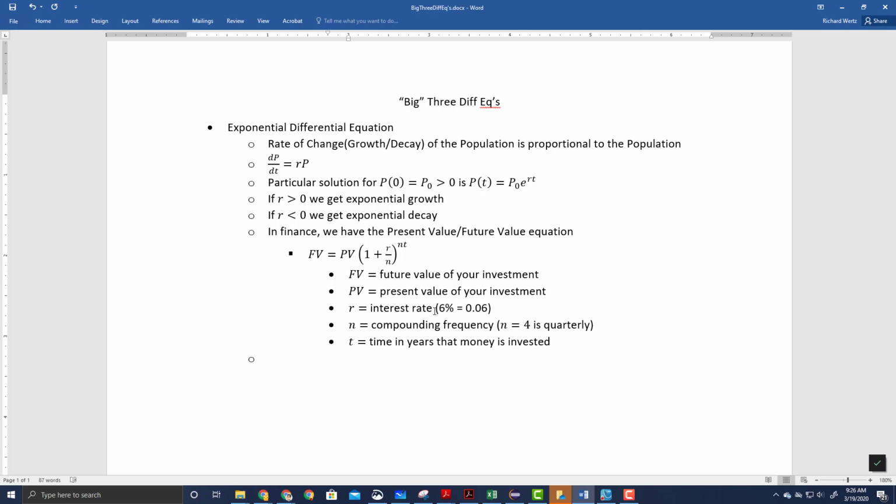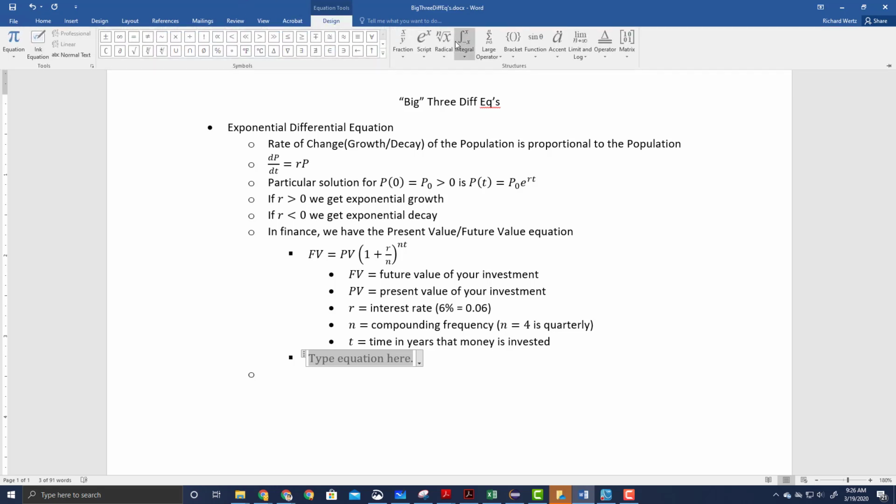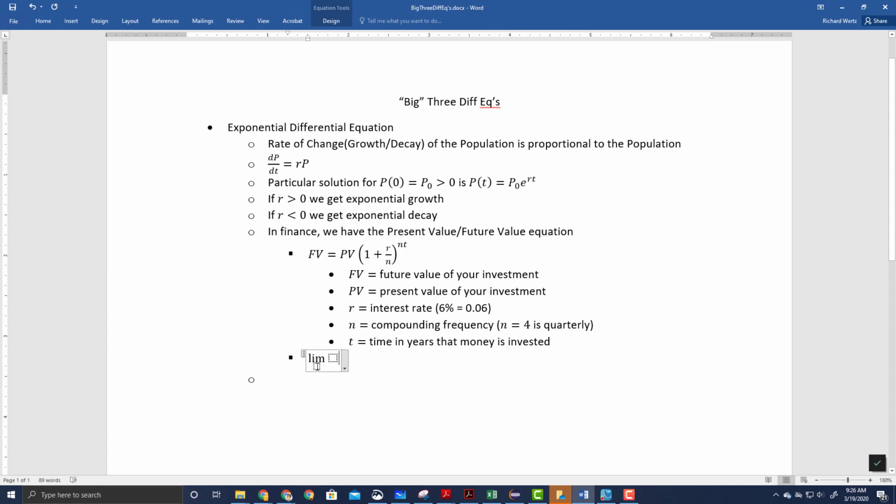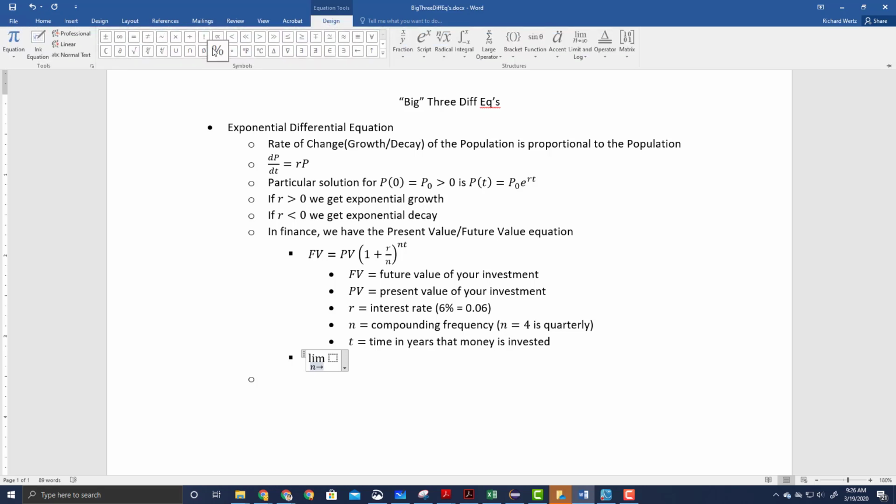Okay, and one of the cool things about this equation is if you take the limit of this equation as the compounding frequency approaches infinity. That means imagine if your return on your investment, your interest, got paid every nanosecond.